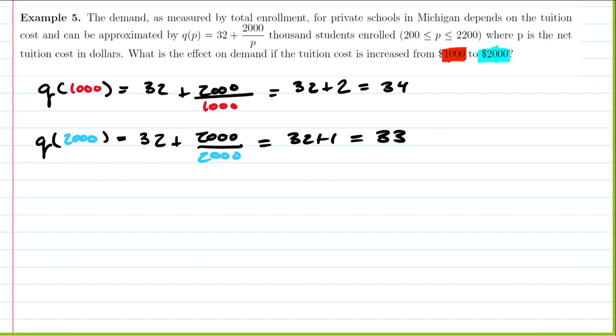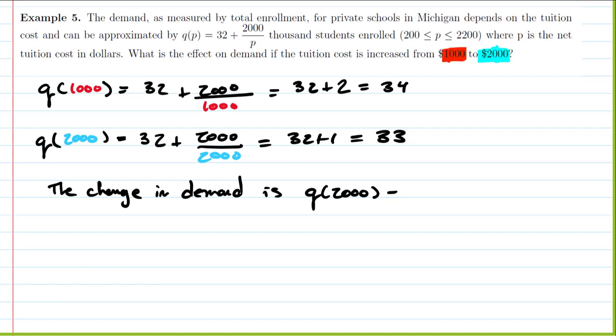So then our change in demand is Q of 2,000 minus Q of 1,000, which is 33 minus 34, which gives us negative 1. And this is measured in thousands.